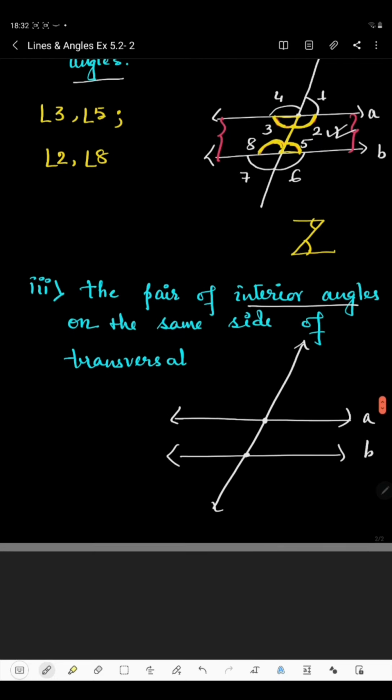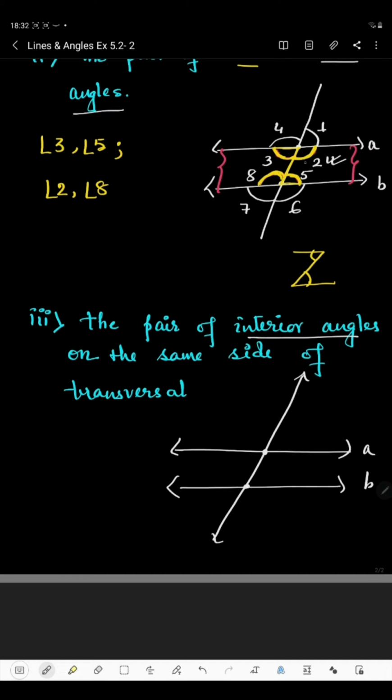See from the figure, these 2 and 5 and 3 and 8, these four angles are interior angles, right? It's 2 and 5 and 3 and 8. So these four angles are interior angles. Now the pair of interior angles on the same side. Now this is the transversal. Now which angles are on the same side?